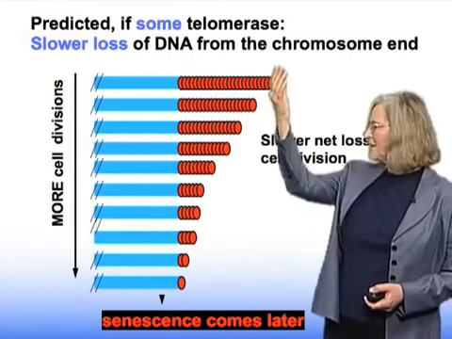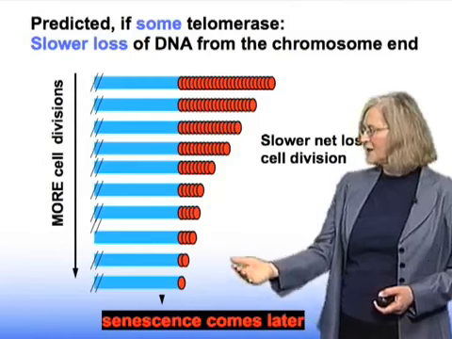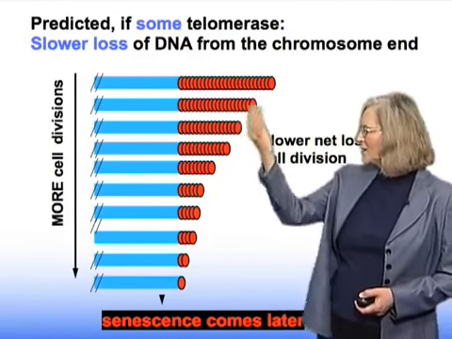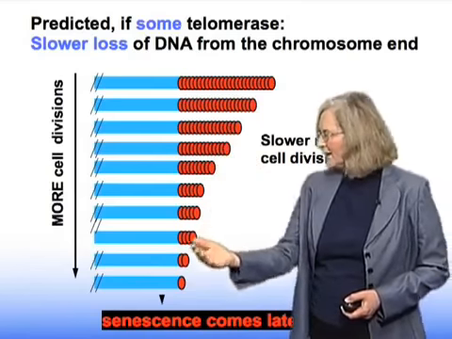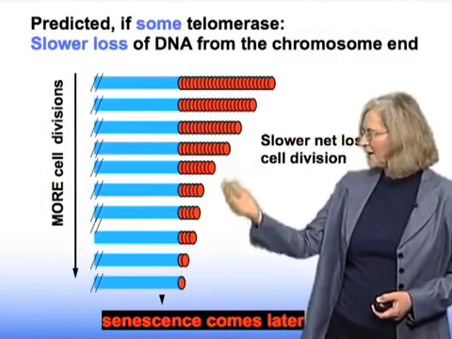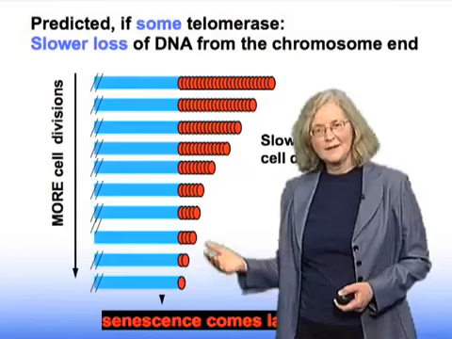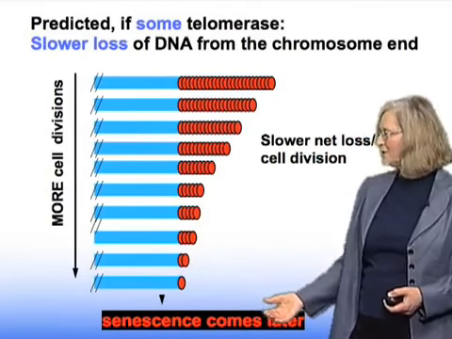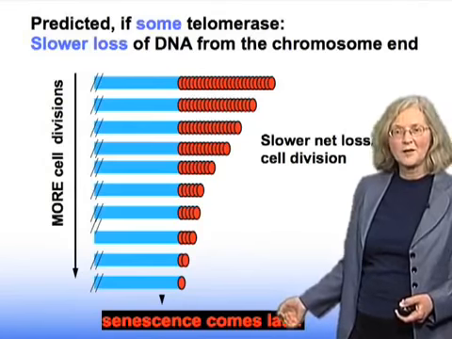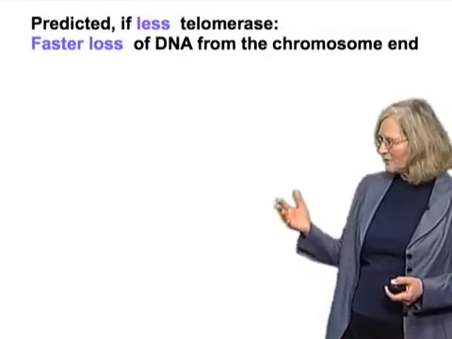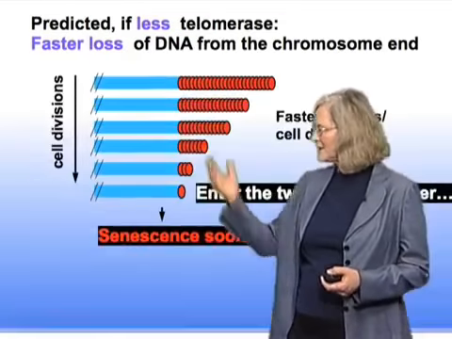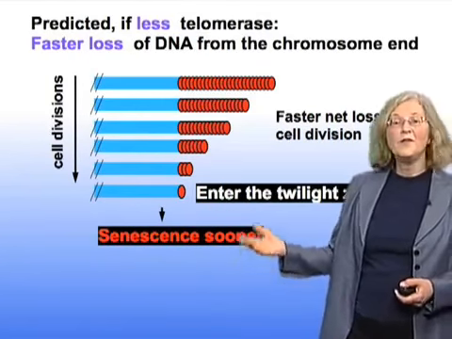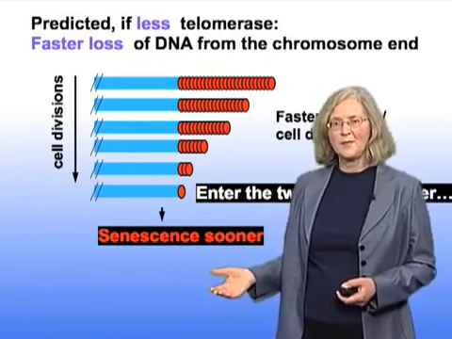So if you had some telomerase, the prediction is that since you haven't completely compensated for the shortening processes, while telomerase might be able to keep up, eventually the net shortening will overcome the elongation ability of telomerase, and senescence will eventually ensue, later than if you had no telomerase. And if you had a little bit less, but still some telomerase, then you'd get to the point of senescence, but somewhat faster than those cells that had a bit more telomerase.